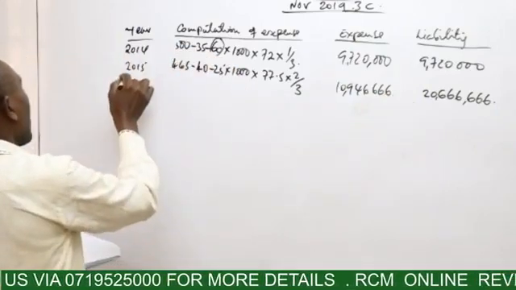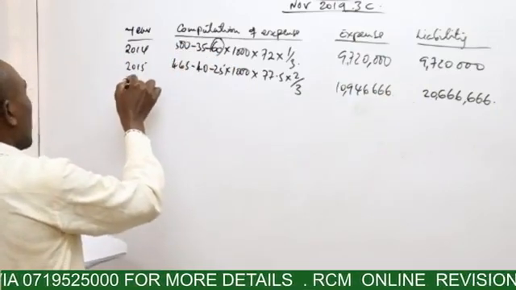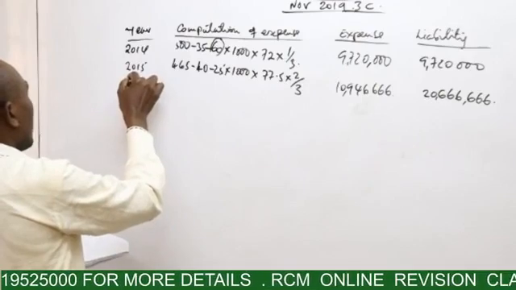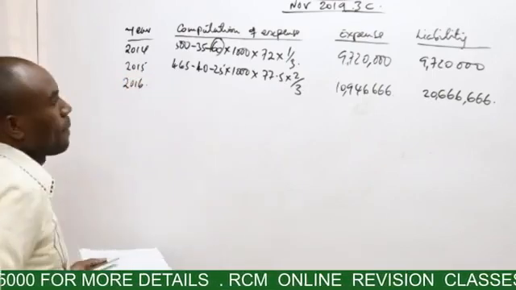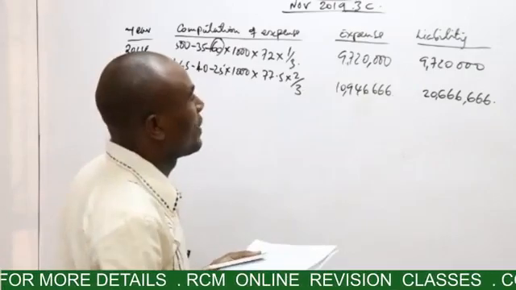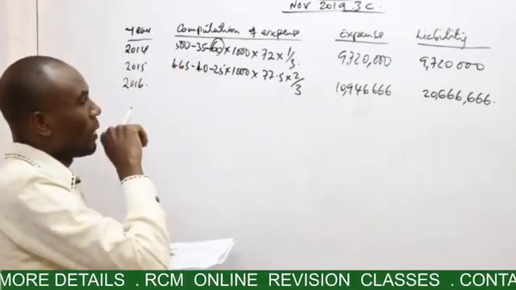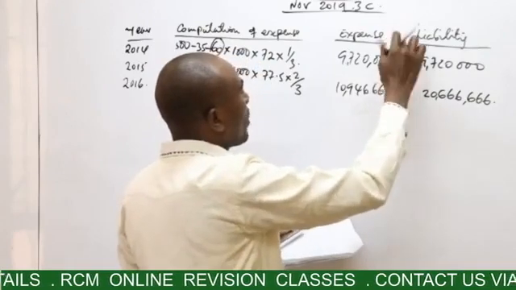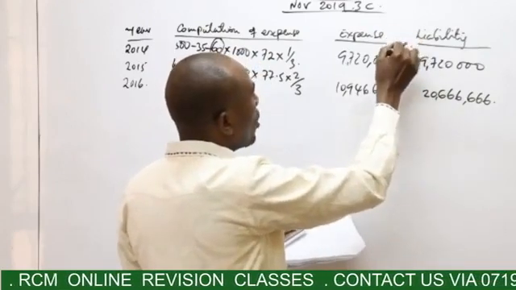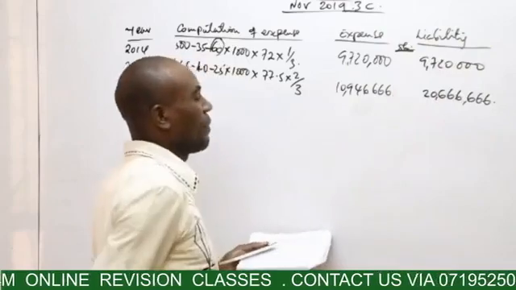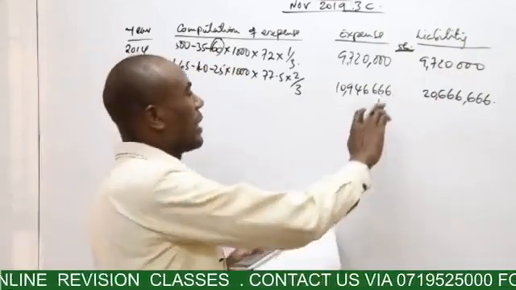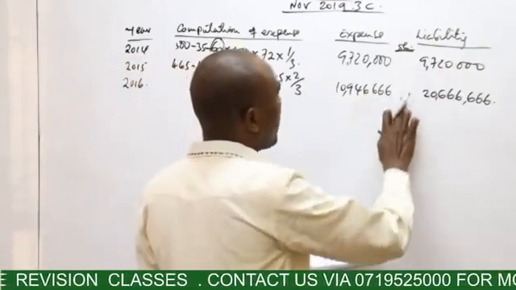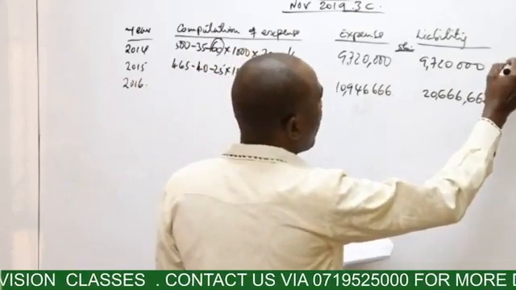Then I come to year 2015, 2016. Remember, I forgot to tell you to put another column here. If you have space, you can put another column for shillings here for the exercise.